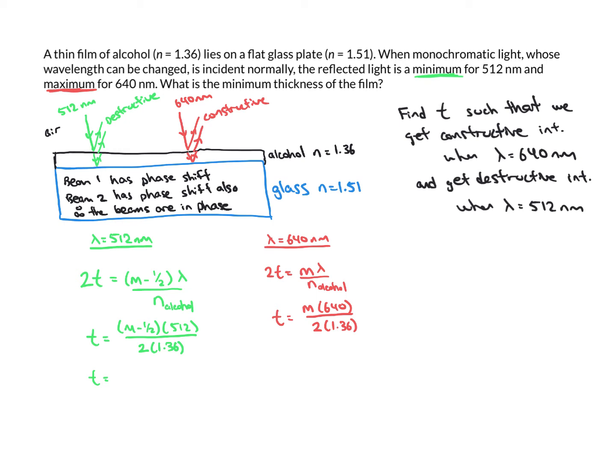So 512 divided by 2, and also divided by 1.36, gives me 188.2.